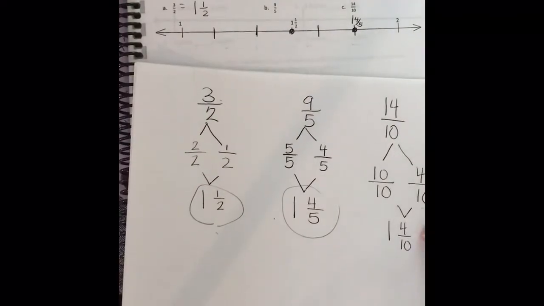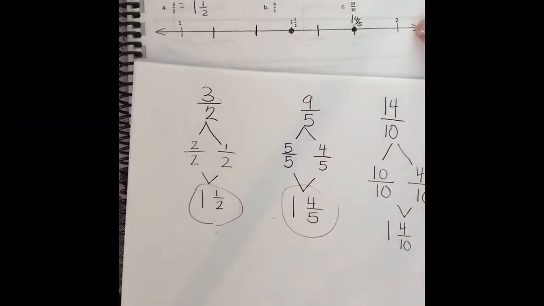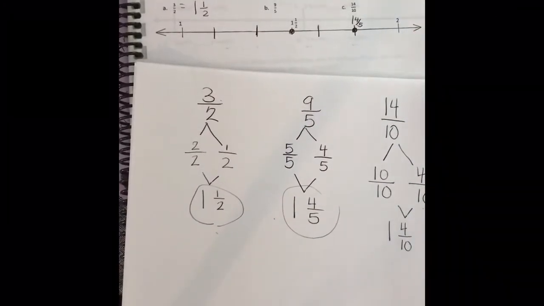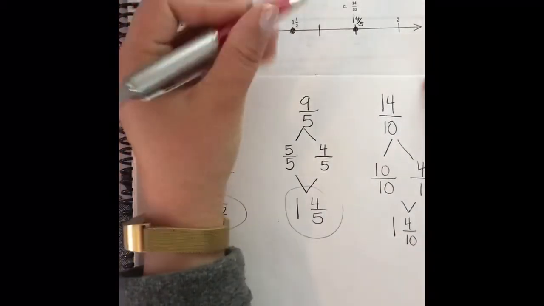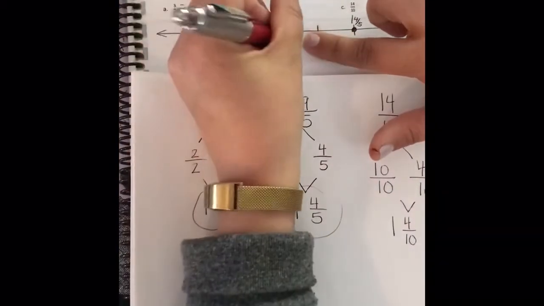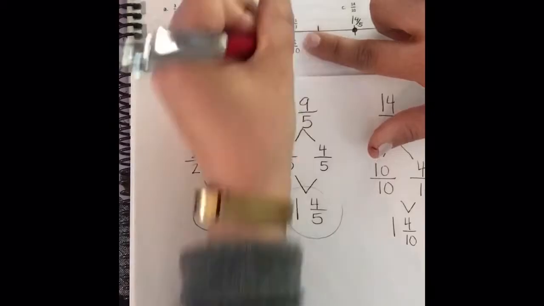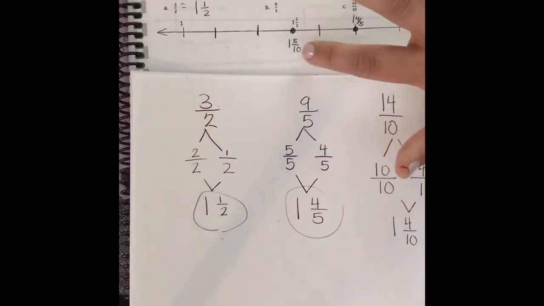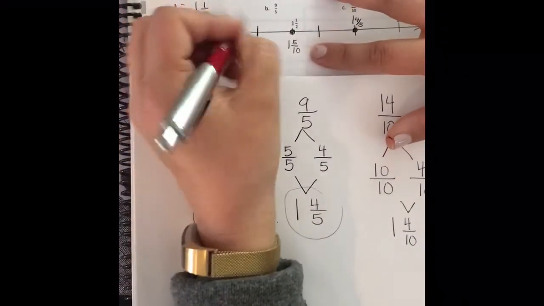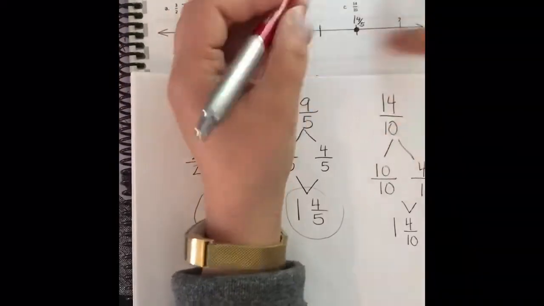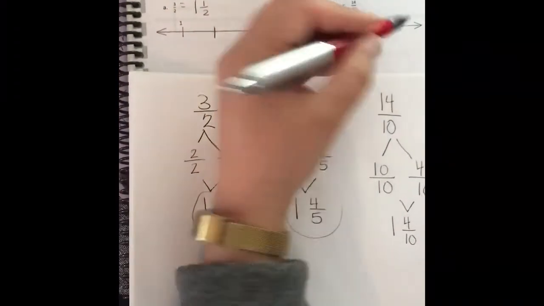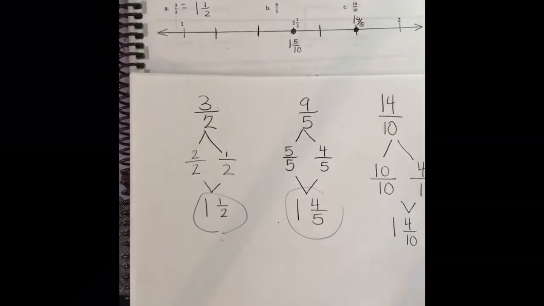Now we have 1 and 4 tenths, which means we're going to break it into 10 equal parts from 1 to 2. I wish I had a pencil to do this in. Remembering 1 and 5 tenths is equivalent to 1 and a half. So over here we would break this up: 1, 2, 3, 4, 5, 1, 2, 3, 4, 5. 5 and 5 is 10.